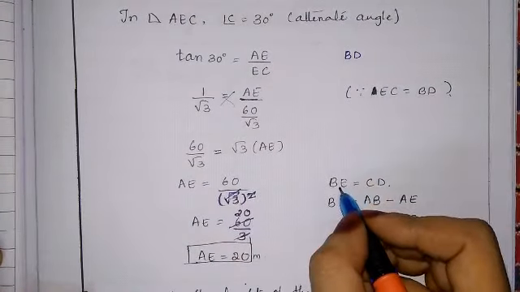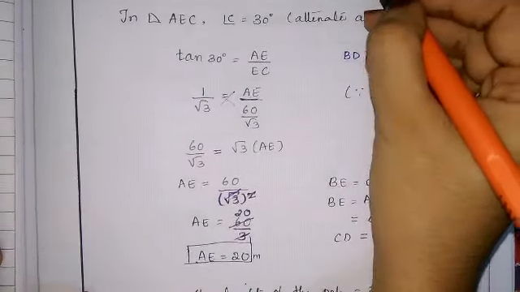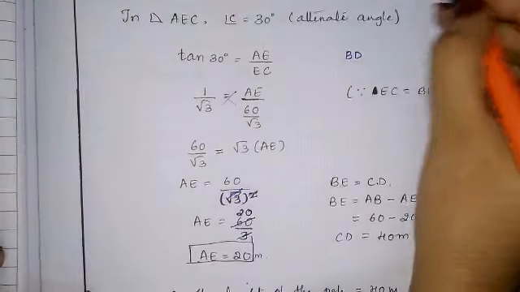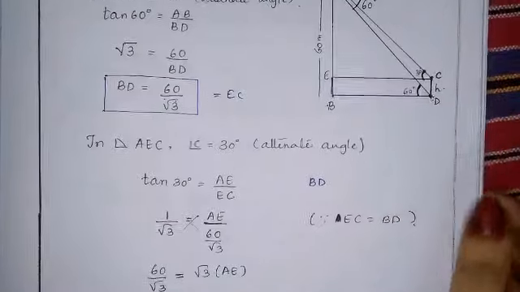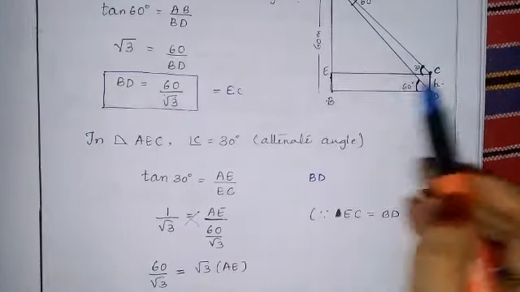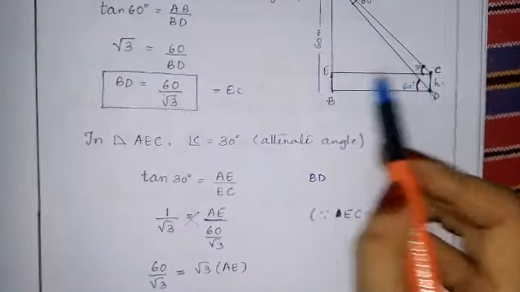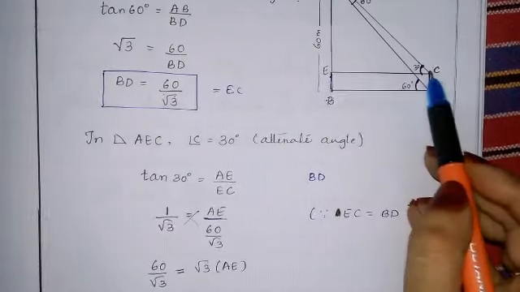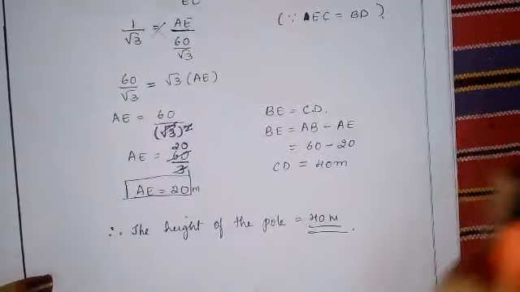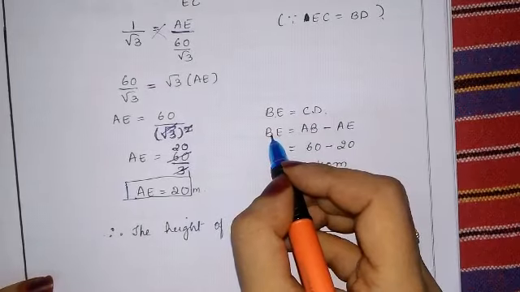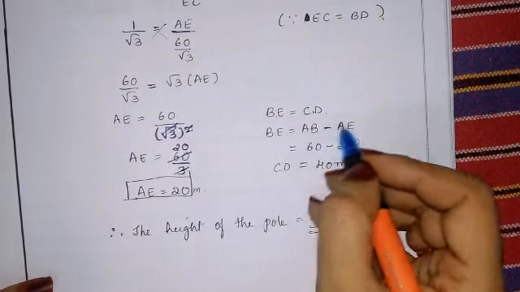Now we know that BE is equal to CD. This side is equal to this, because this is a rectangle. BD is equal to EC, and like that BE is equal to CD. BE is equal to AB minus AE.